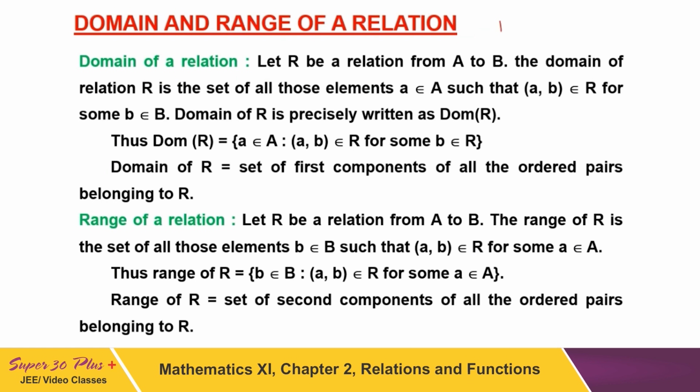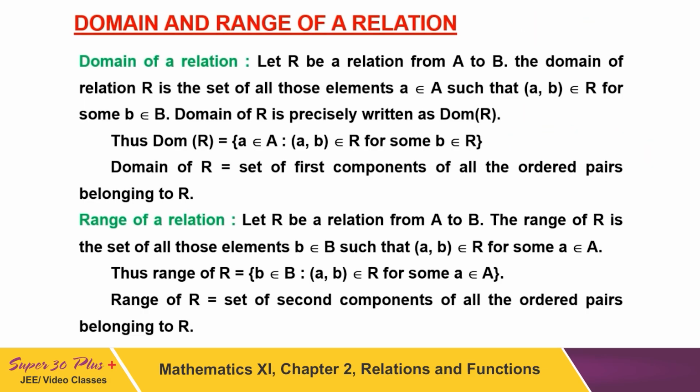A relation is defined from a set A to set B. Then the relation is given in the form of ordered pairs, because a relation is a subset of A cross B. If a set A and a set B are given, and the relation is defined like this, (a, b) such that a belongs to A and b belongs to B, then all the first elements of the ordered pairs will be the domain of the relation.